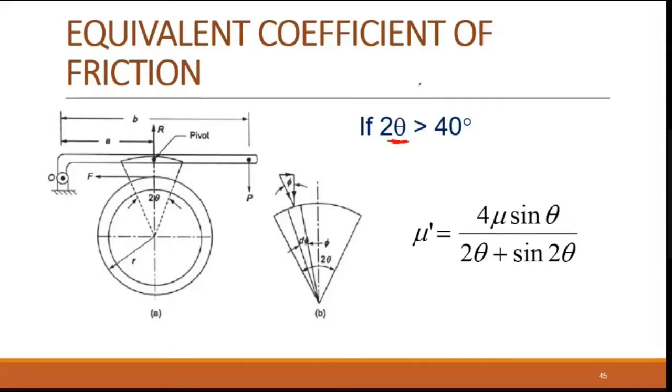If it is less than 40 degrees, then whatever mu they give, you directly substitute it. If it is greater than 40 degrees, you find mu dash using this formula, because you have more contact, and because of that your friction coefficient will differ.